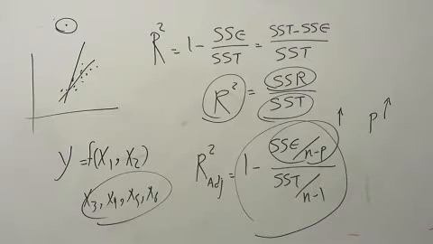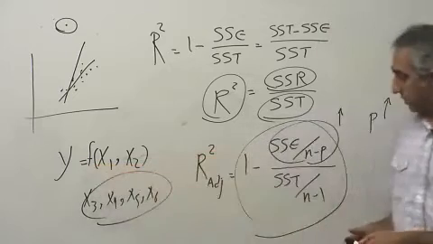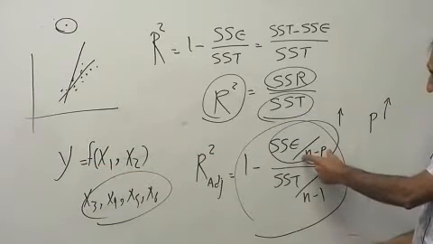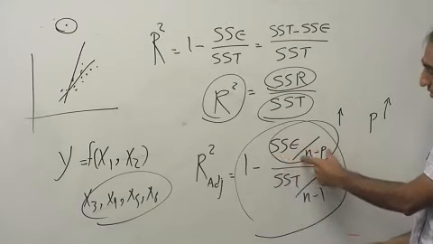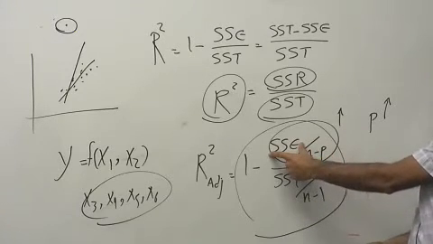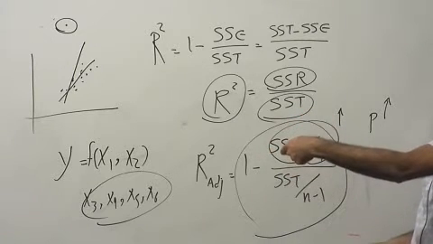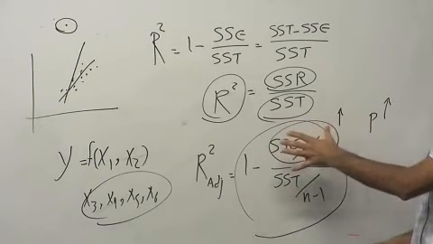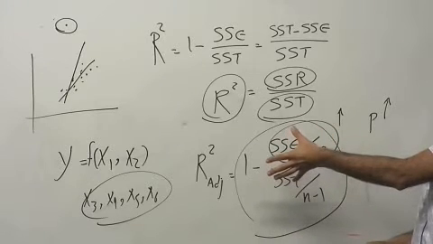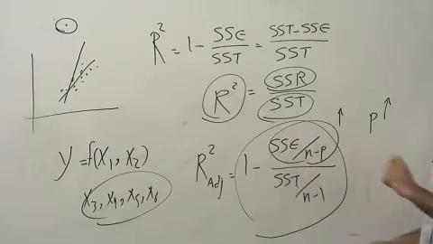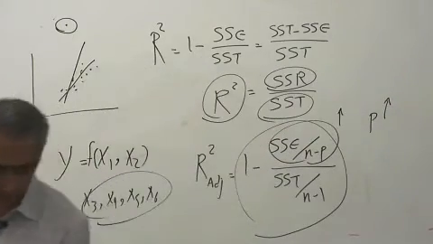However, if you are adding a variable which is related to y, you are decreasing the denominator, but at the same time you are decreasing the numerator, because you are explaining more of the variation. That's why it doesn't hurt your R squared adjusted. Does it make sense? Any questions? You good? Okay.